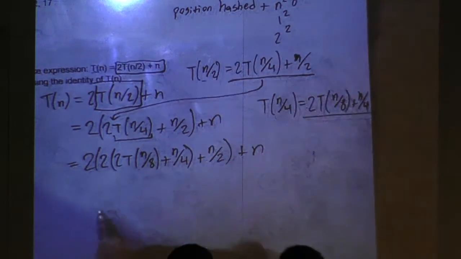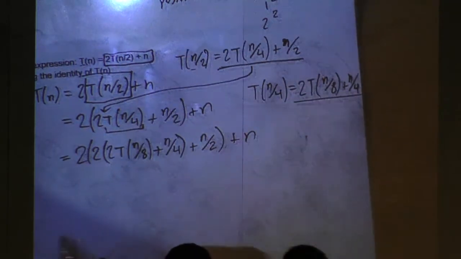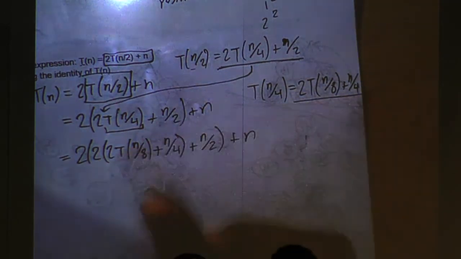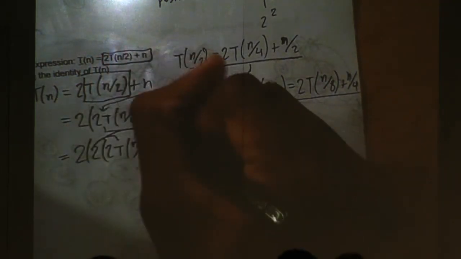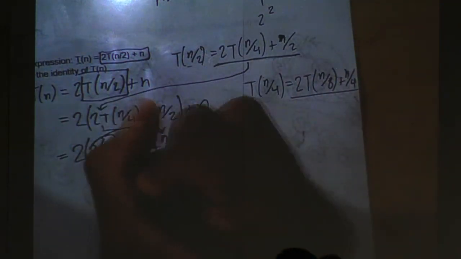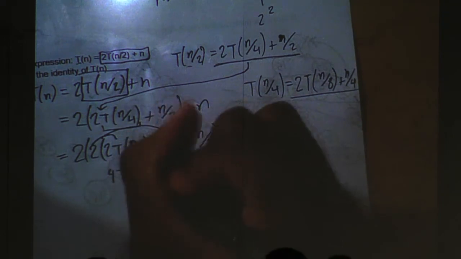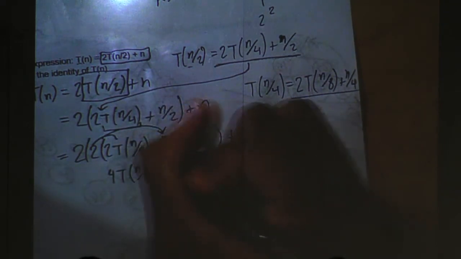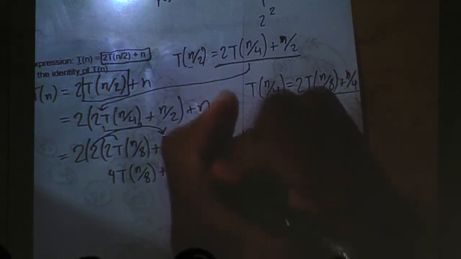Okay. Now I'm just going to simplify the equation that way it gets less confusing. So for here, we just put this 2 into these two. T of n over 8 plus n over 2.